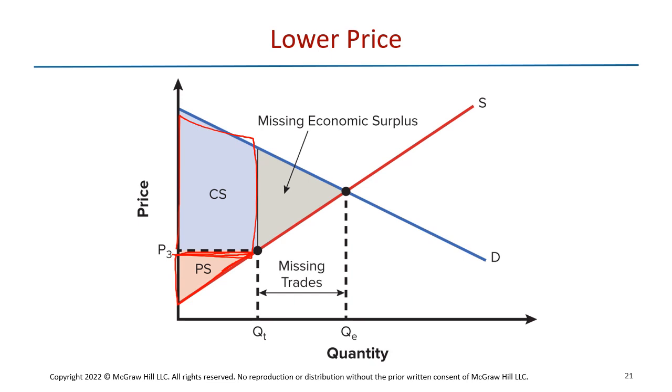Sometimes it breaks even, but most of the time it's going to be less. But customers are still better off. Customers are happy, right? Low prices, we're happy. But either way, we are still left with this missing economic surplus. We've taken a large chunk out of our total, or our economic surplus.